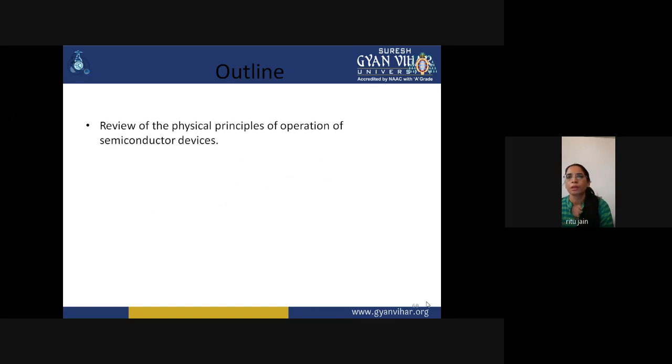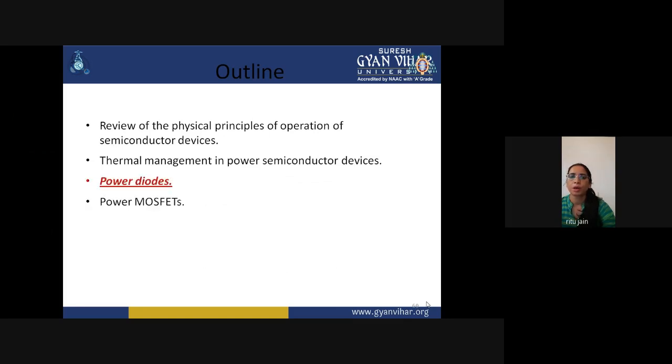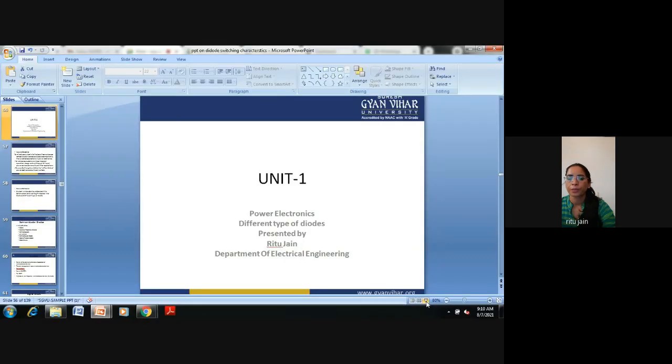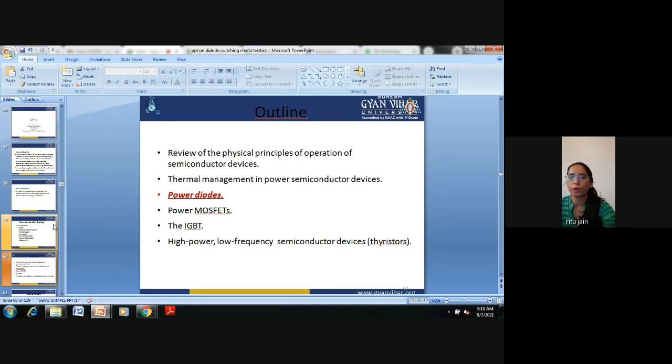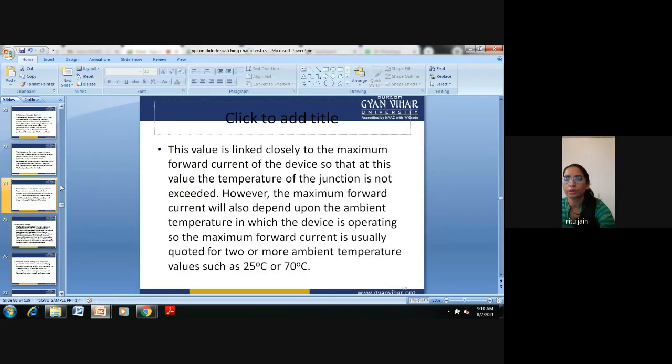Then the review of the physical principle of operation of semiconductor devices, which is based on thermal management, and power semiconductor devices: power diodes, power MOSFETs, power IGBTs, and high power low frequency semiconductor devices. Now we will come to the point of what a semiconductor device is. So let's have a look.